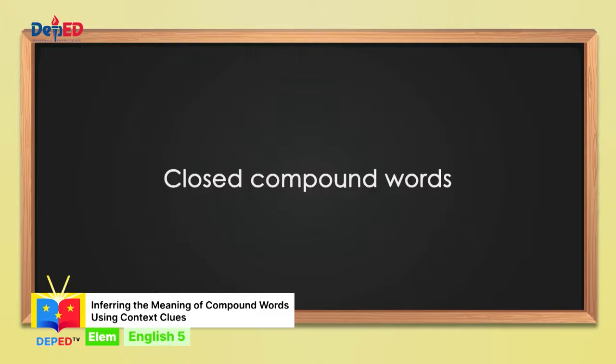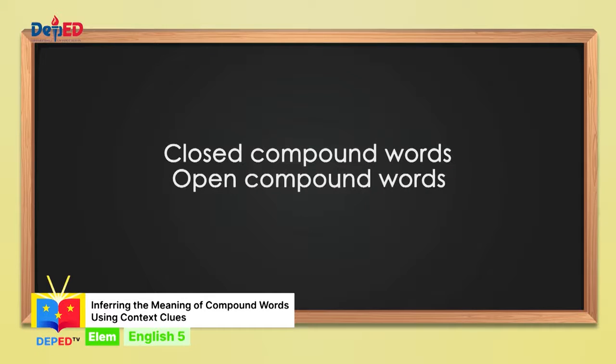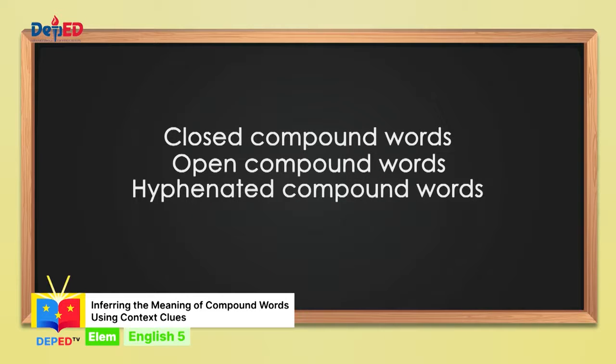Compound words may be closed, written with no space, open, written with space between words, or hyphenated, connected by a hyphen. Now that you know the different types of compound words, you may be curious how we could know their meaning. The meaning of compound words can be inferred using synonyms and antonyms.